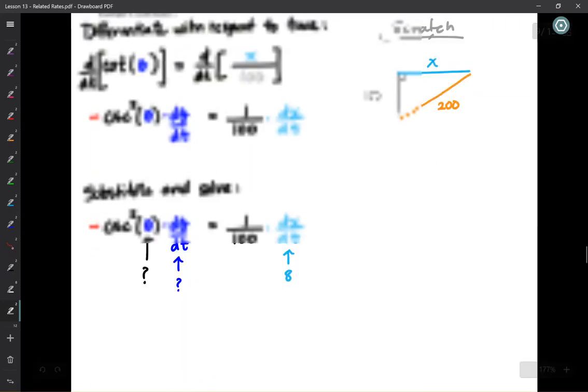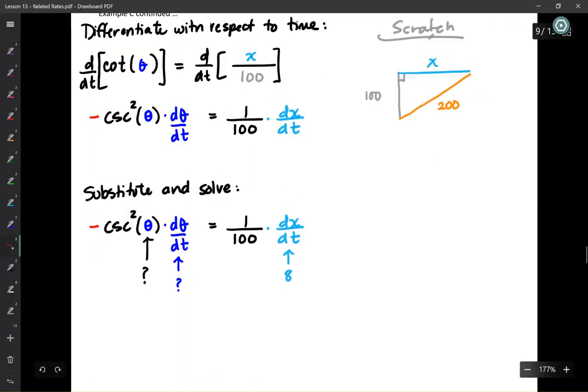Now remember, cosecant squared is really just cosecant times itself. So maybe I even want to write it this way: minus cosecant of theta all squared. And that is hidden right there in that right triangle, doing that trigonometry.